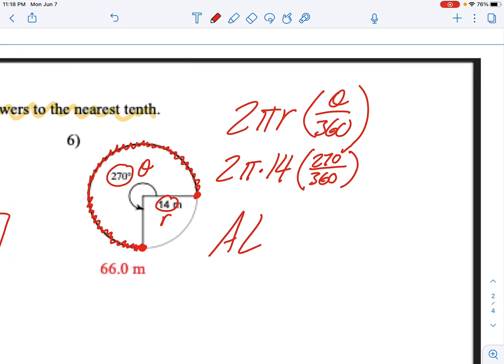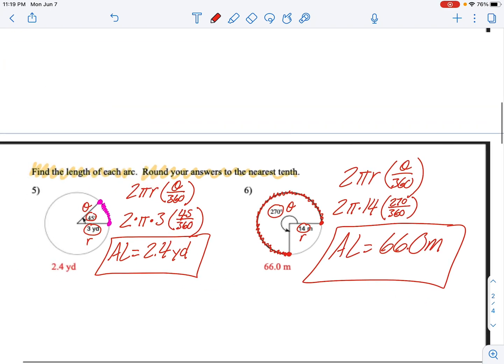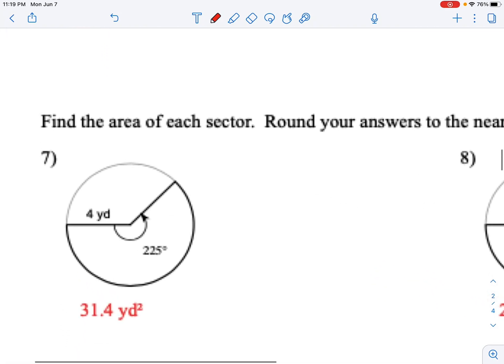So we are going to get arc length is equal to 66.0 meters. Look at that. Perfect. So you will definitely see some find the arc length in your quiz.